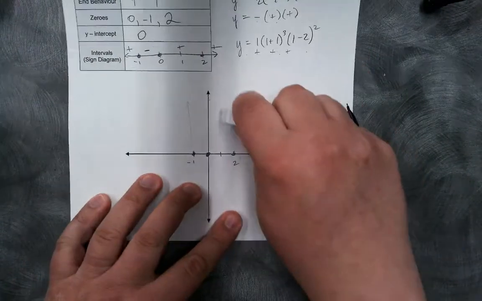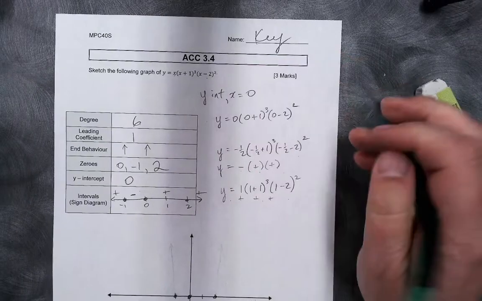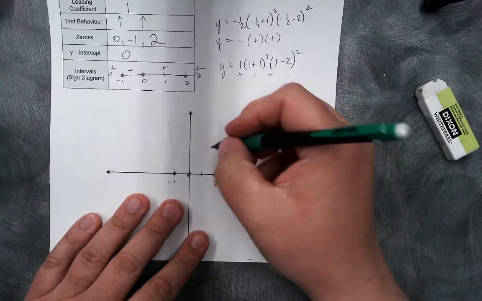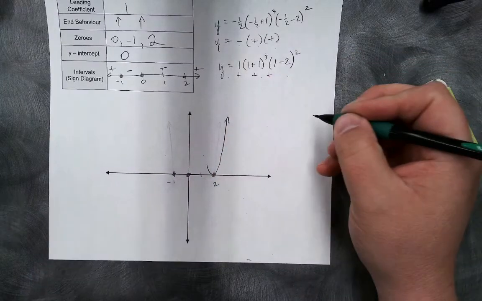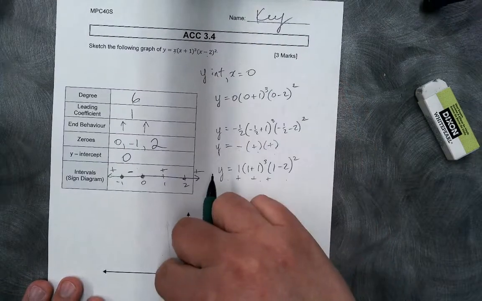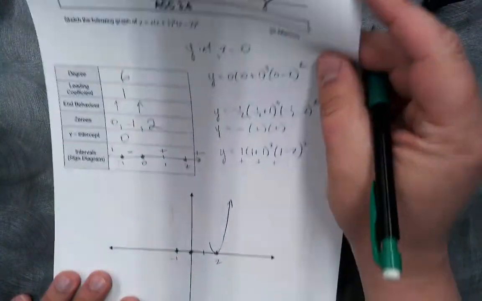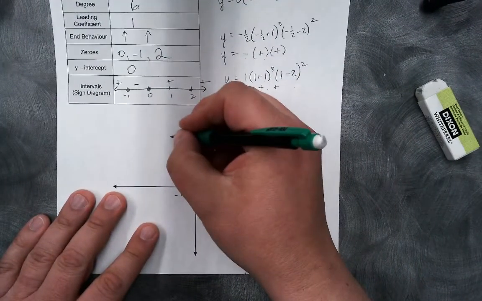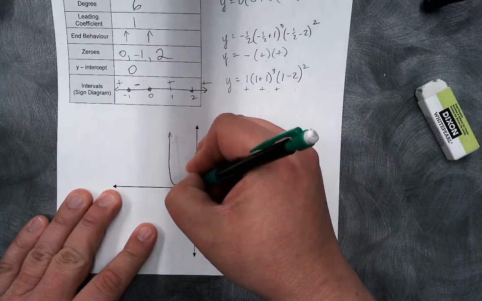What kind of a multiplicity is a squared? Well, a squared multiplicity is a bounce. So I'm going to make it a bounce, like that. And what kind of a multiplicity is a cubed? Well, a cubed, which happens at the negative 1 x-intercept, is going to kind of curve, flatten, and then go that way.